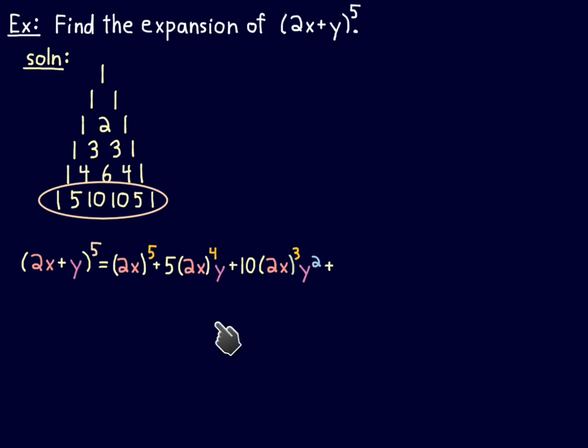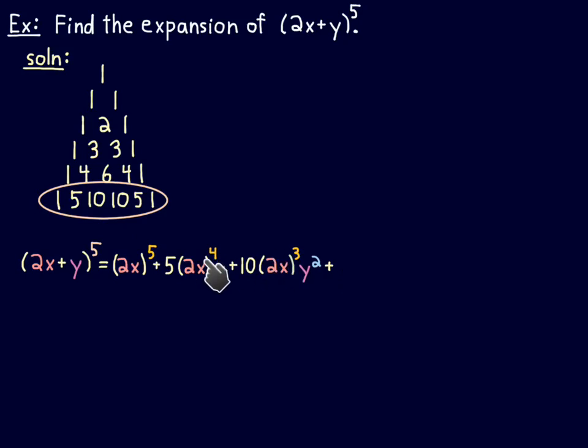Okay? The 10 comes from here: 1, 5, 10. I didn't write the 1 because you don't have to write 1. But 5, 10, right? This is going 5th power, 4th power, 3rd power. No factors of y, 1 factor of y, 2 factors of y, right?